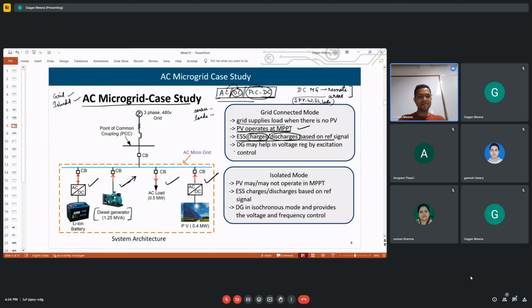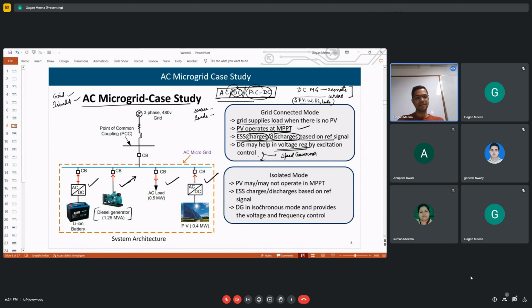So diesel generator has two types of inherent control which we have in the other conventional synchronous generators also. That one is speed governor control for controlling the speed by varying the input mechanical power, the steam or here diesel.